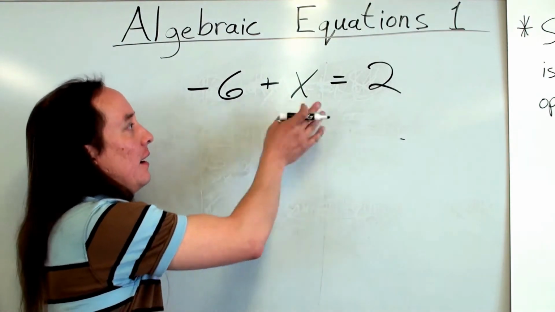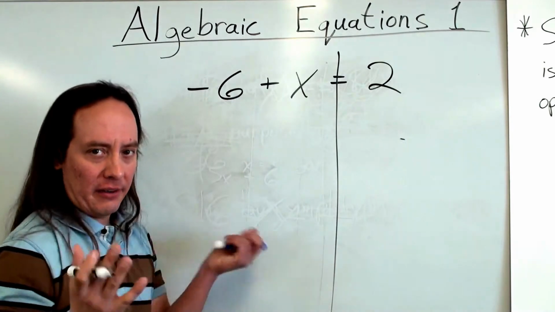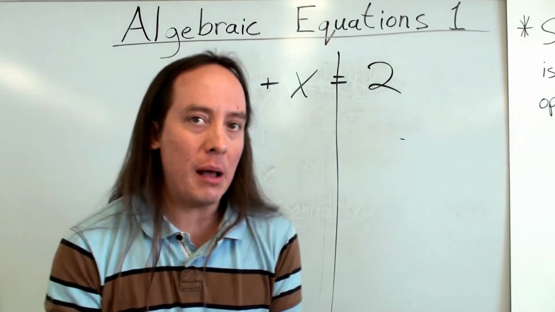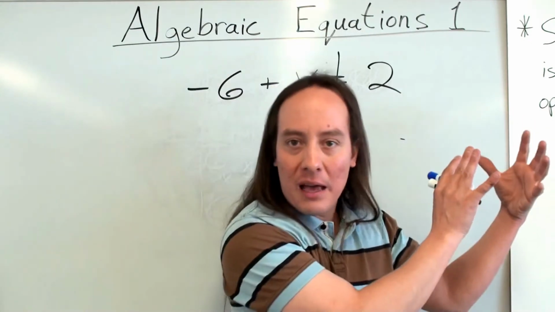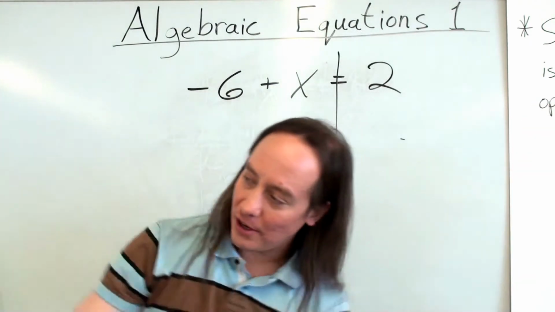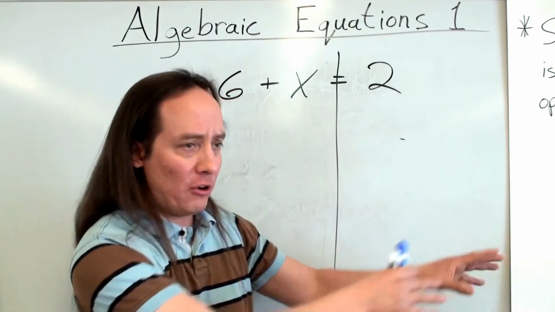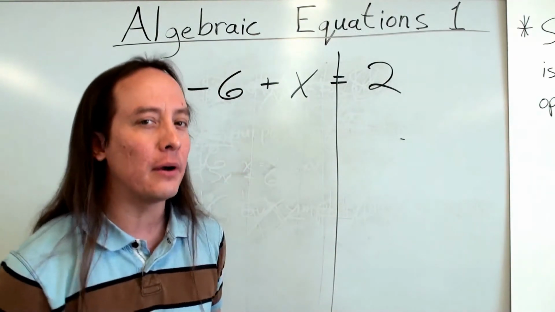I have a 6, a negative 6, and a positive 2 that can be grouped together because they're like terms. So the idea later on, when we get into more complex problems, is that we're going to want to group together all the numbers that don't have x on one side and all the numbers that have x on the other side. So x is over here, numbers over there. Pennies over here, quarters over there. That's what we're doing.